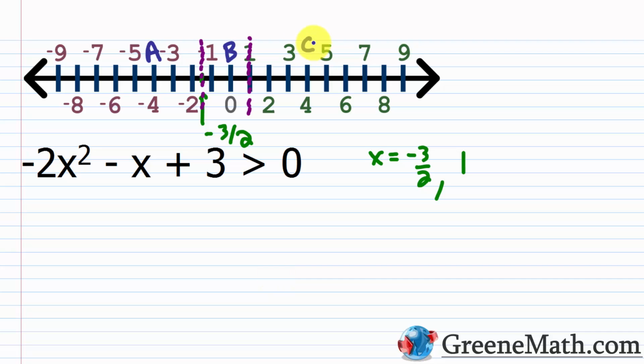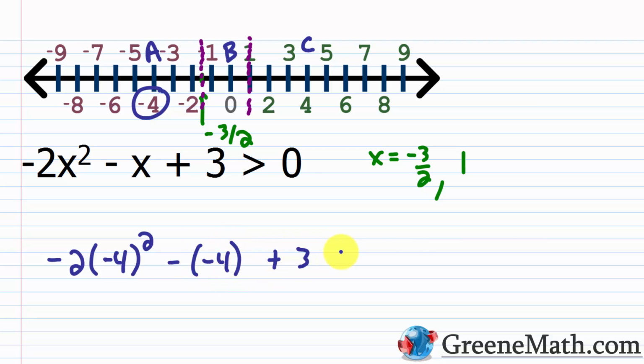Okay, so in interval A, let me choose negative 4. So I'd have negative 2 times negative 4 squared minus negative 4, and then plus 3, is this greater than 0? Minus a negative 4 is plus 4. Negative 4 squared is 16, and negative 2 times 16 is negative 32.